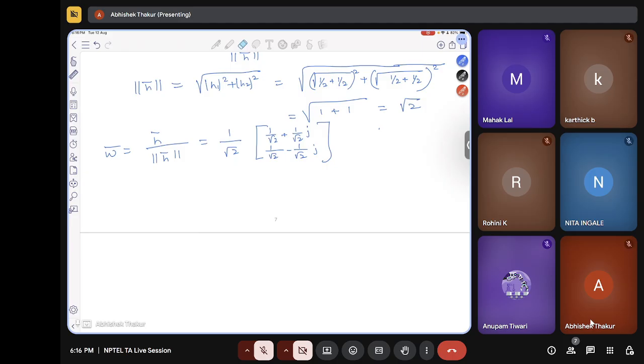So what is now the SNR? As we have studied, SNR is equal to, as this term is complex, we will take Hermitian instead of transpose.